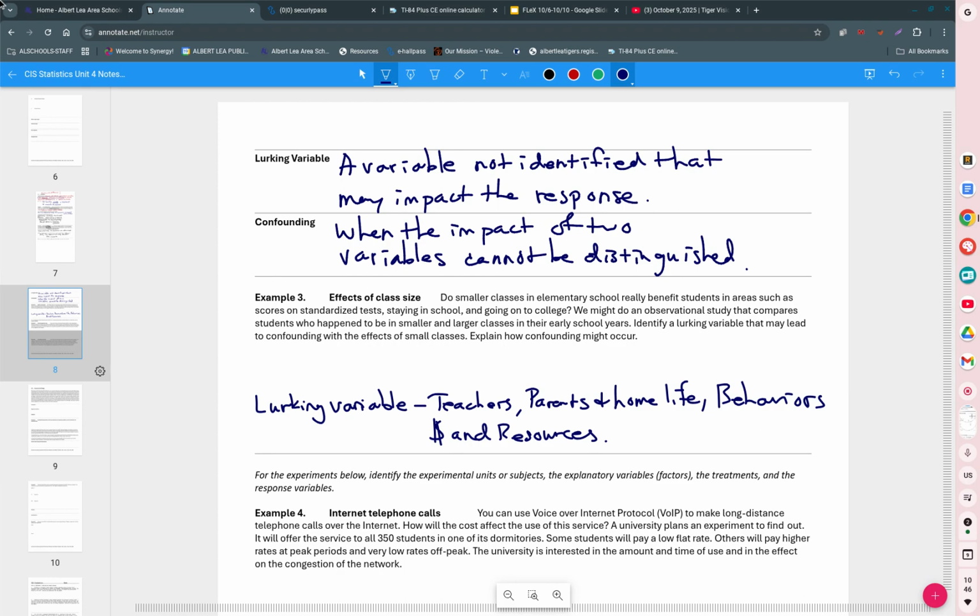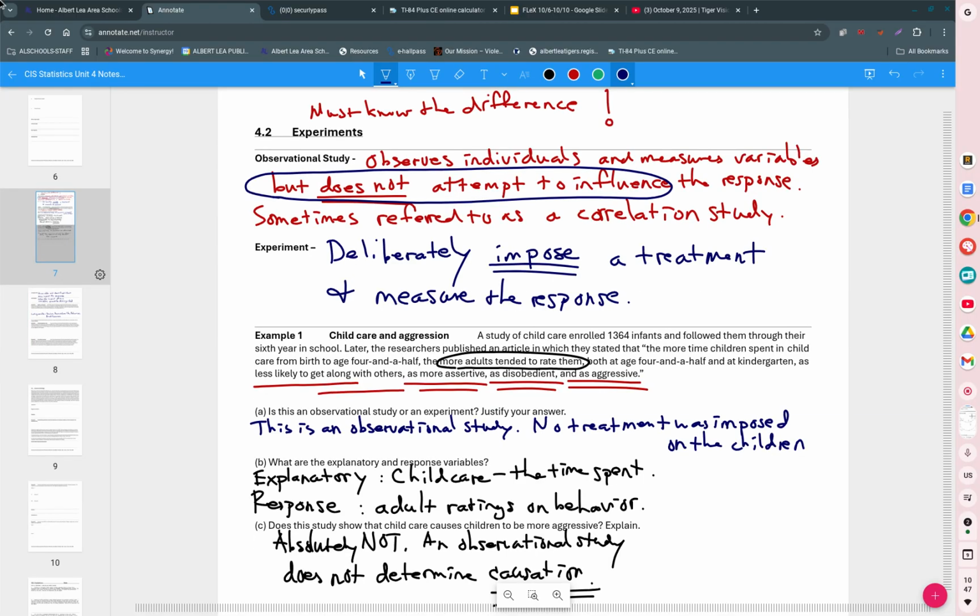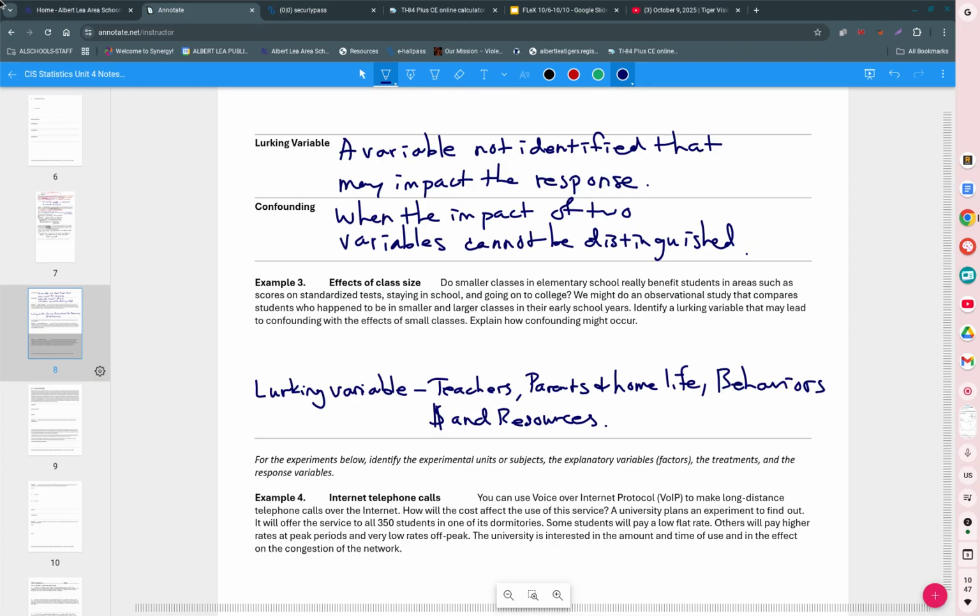So it's the confusion that happens. If you hear the word confounding and you think of confusion, you're right. We're confused about which one impacts what, and for what reason. So the two things that I want you to be able to pull away that we talked about so far: know the difference between the experiment and the observational study. The second thing is be able to identify the lurking variables.